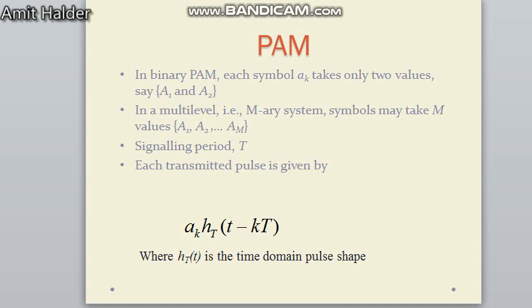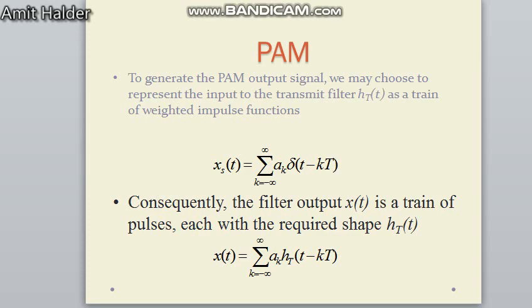So each transmitted pulse is given by A_k h_T(t minus kT), where h_T(t) is the time domain pulse shape. So we can get it from the channel, right? After that, to generate the PAM output signal, we may choose to represent the input transmit filter, that is h_T(t), as masked or weighted impulse functions, where delta(t) is the impulse function.